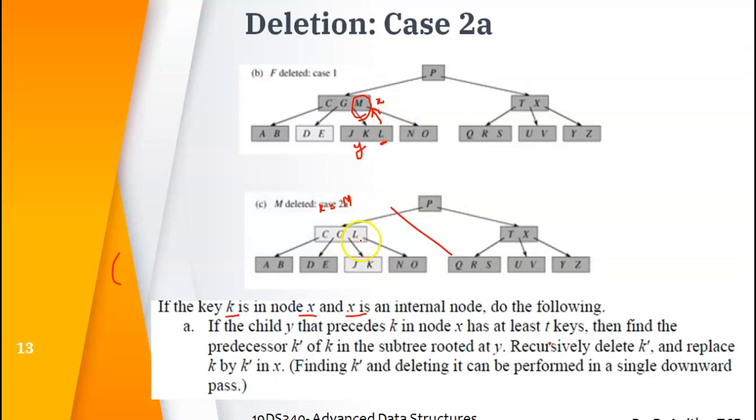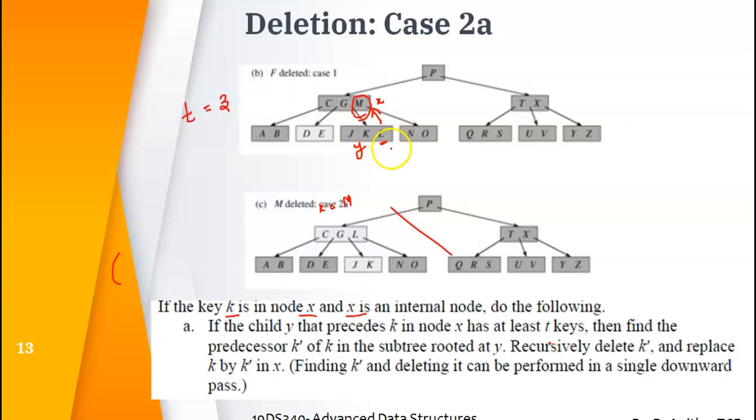So M is lost and in the place of M, L is going to get replaced. What happens if I don't have t keys here? Here I have 3 keys, so it's no problem because our t is equal to 3.